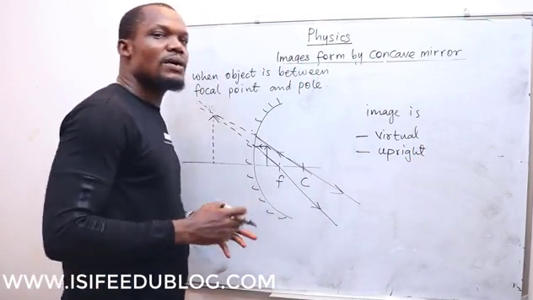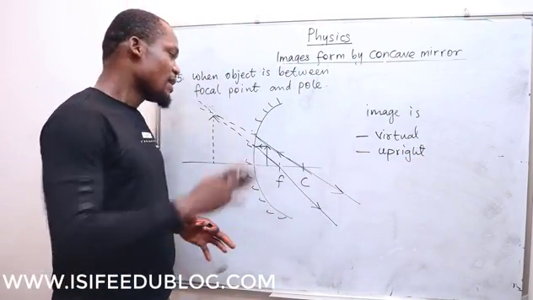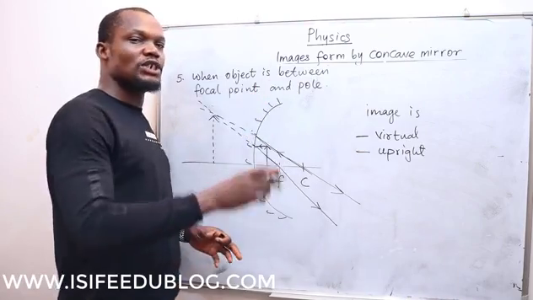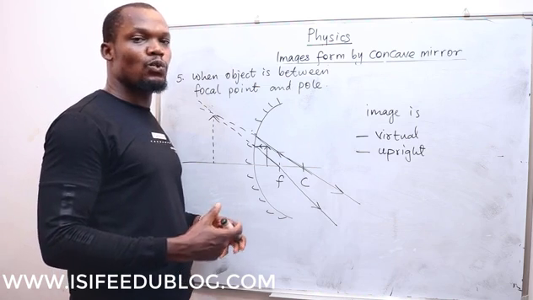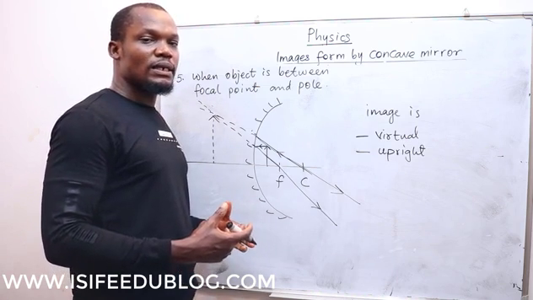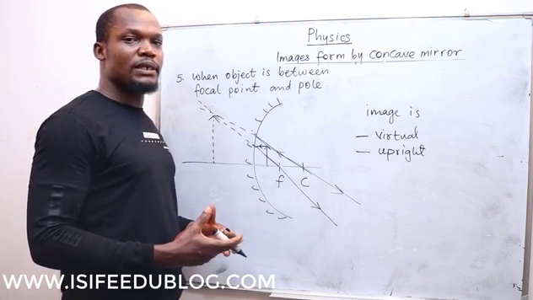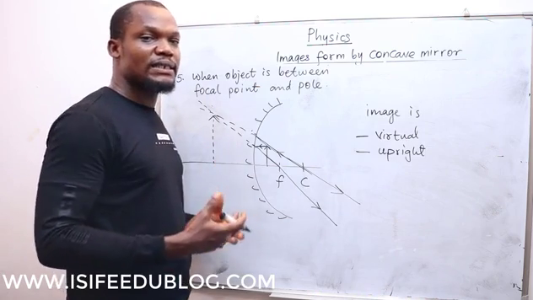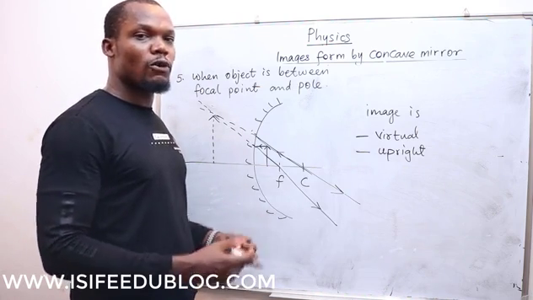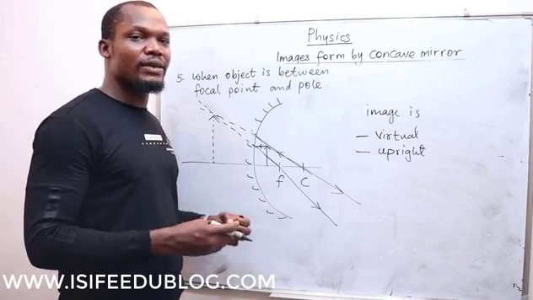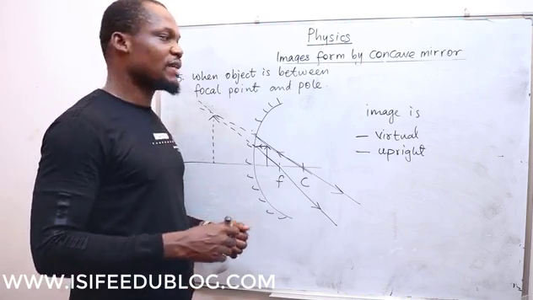As far as mirrors are concerned, all virtual images must be upright. Because in calculations, they would want to confuse you. Instead of calling it a virtual image, they will call it an upright image. Just know that when images are virtual, they must be upright, and when images are real, they must be inverted.